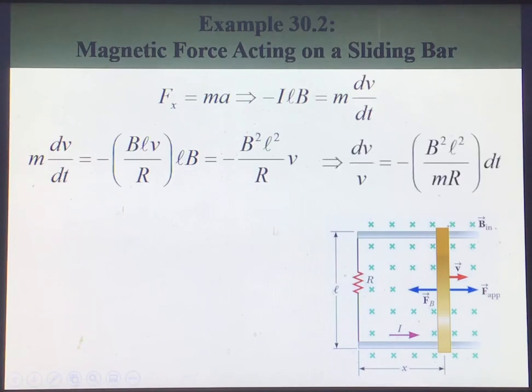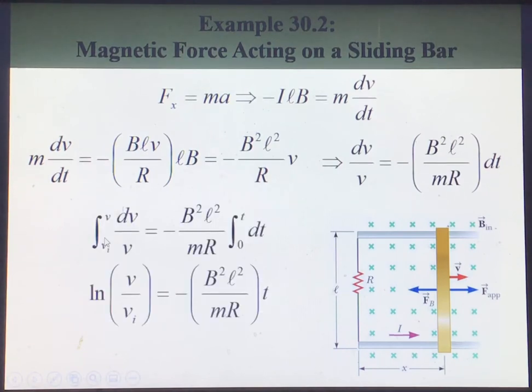Then using calculus, I can write this as dv over v equals all of these times dt. Then if I do my integrals, integrating from some v initial to some v final, you end up with this equation right here, and with a little bit of mathematics, you can show that the velocity is going to be given by this equation right here.